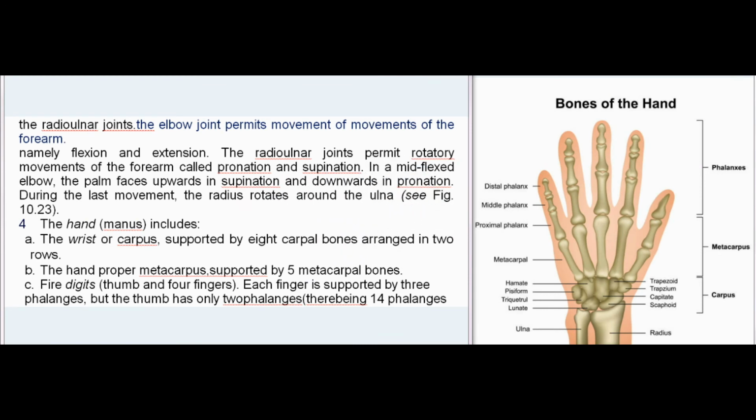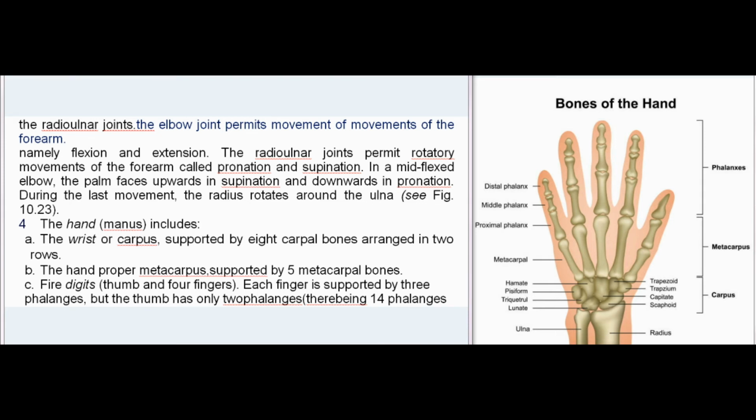The elbow joint permits movements of the forearm, namely flexion and extension. The radio-ulnar joints permit rotatory movements of the forearm called pronation and supination. In a mid-flexed elbow, the palm faces upwards in supination and downwards in pronation. During the last movement, the radius rotates around the ulna, see Fig 10.23.